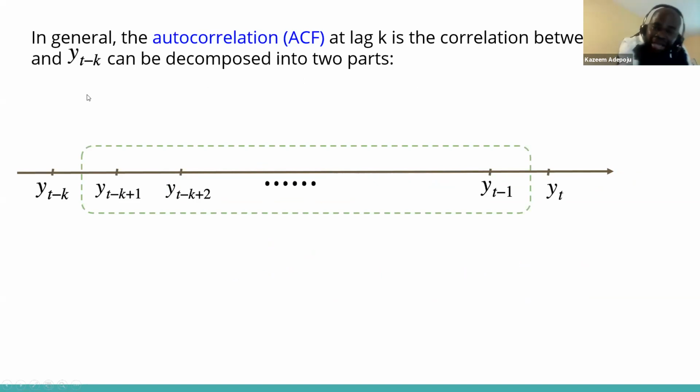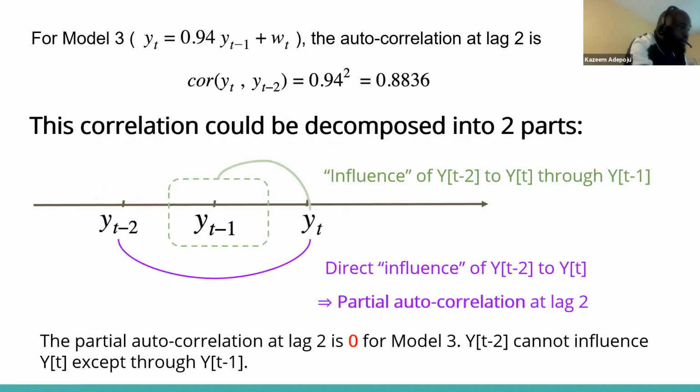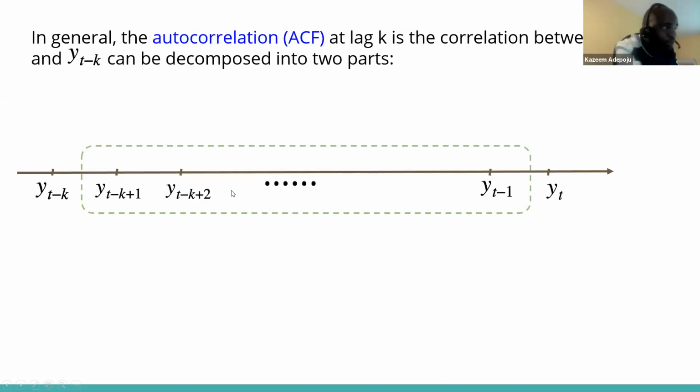Now, that can be decomposed. The other time we decomposed yt and yt minus 2 like this, and we got something in the middle. Now, we're going to do that for the general one.